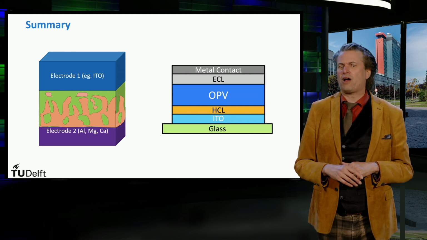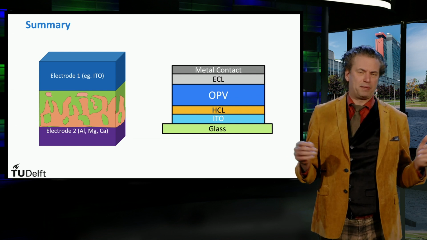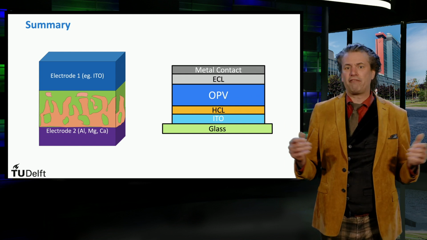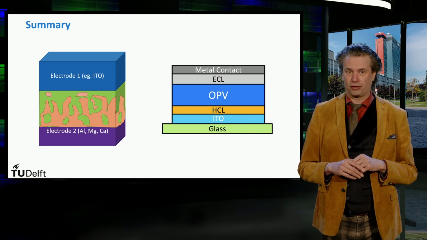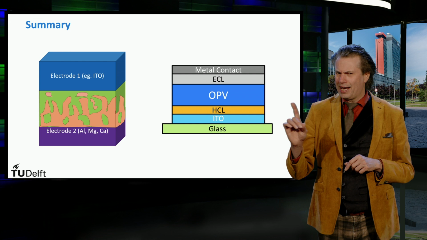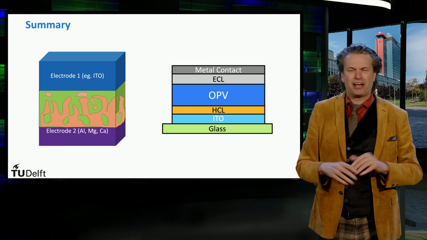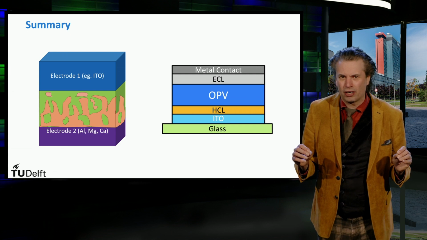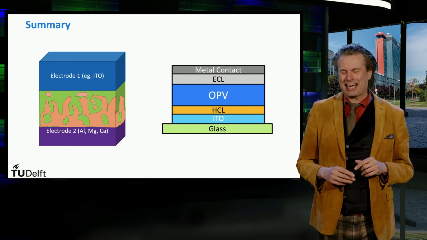In addition, the typical architecture of bulk heterojunction organic solar cells has been introduced as well. Currently, various multi-junction concepts are under development for the organic PV technology. In the next video, we will discuss another PV technology that is based on a relatively new kid on the block, the perovskite materials. So, see you in the next video.